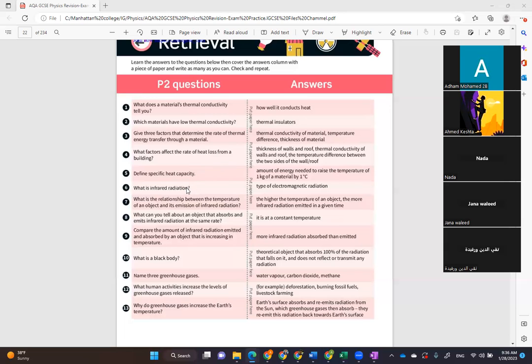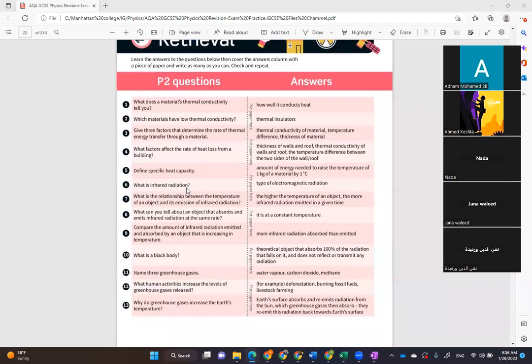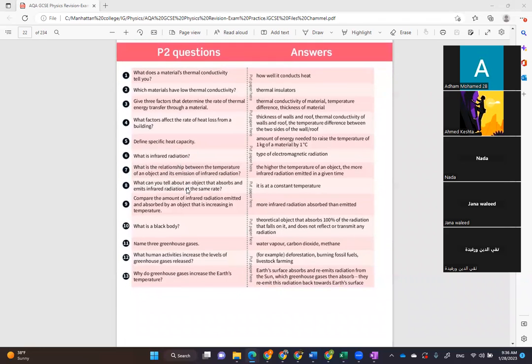We already explained infrared radiation in detail. This is a very short definition: a type of electromagnetic radiation, but we explained it more. What is the relationship between the temperature of an object and its emission of infrared radiation? The higher the temperature of an object, the more infrared radiation emitted in a given time.